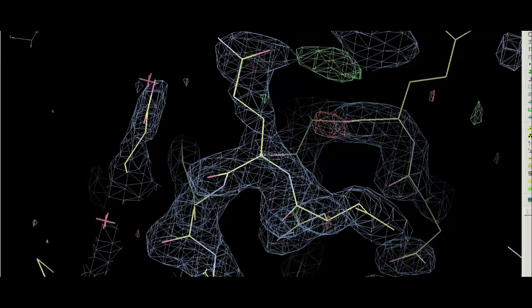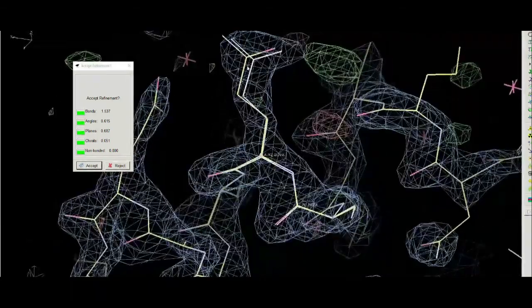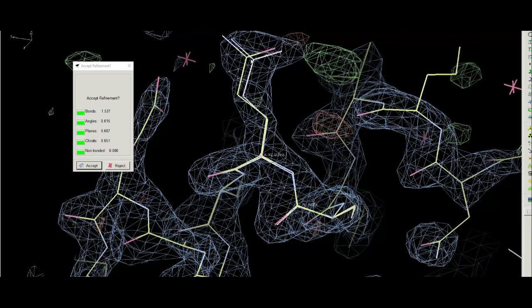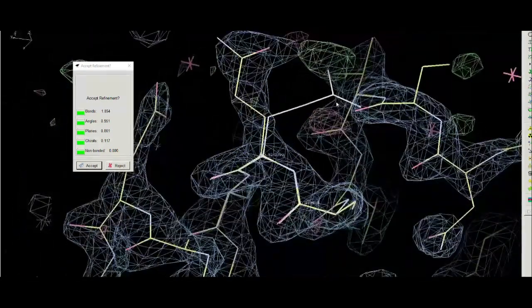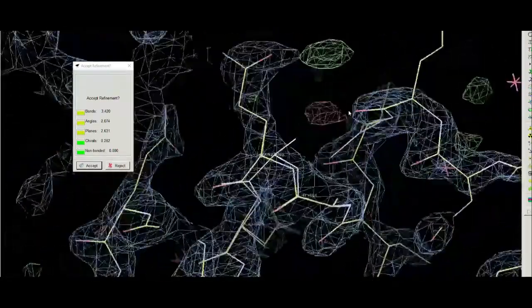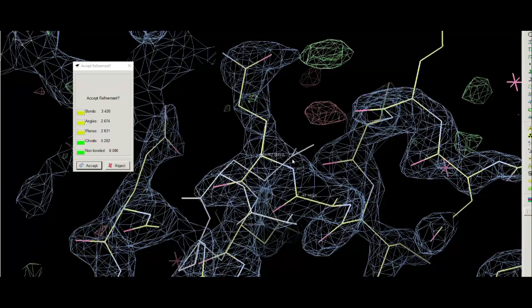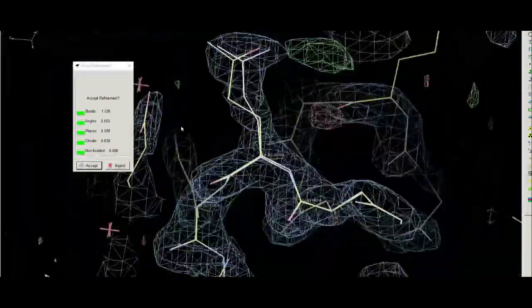So we will real space align from here, and then this tells us if our real space alignment has changed our bond lengths and the bond angles, the planes and chirals, and you can see in the more ghostly white where the new one would be, and you can move it around and try and fit it into other electron data. And as you do, this will tell you you're changing the bond angles, and when we have yellow, that means it's not very favorable.